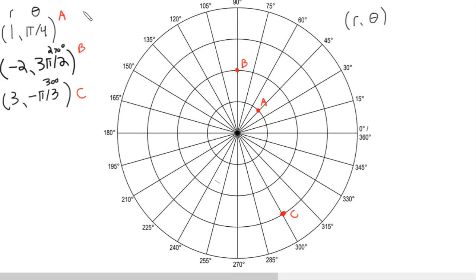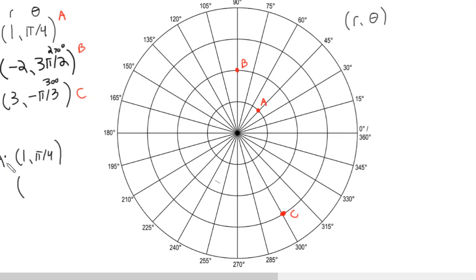In fact, there's tons of ways to write the same point, and I'll show you what I mean here. Let's say that I want to plot point A again. We know that A is 1 comma pi over 4, and we already graphed that over there. But is there a different representation of it? Is there a different way I can do that? And the answer is yes. There's plenty of different ways you could do this.